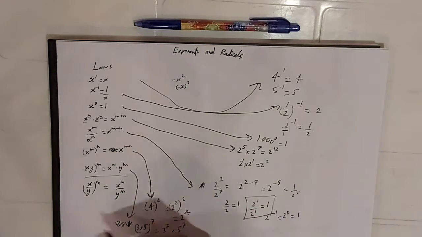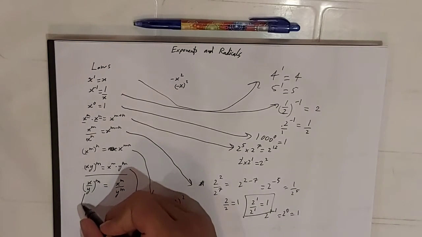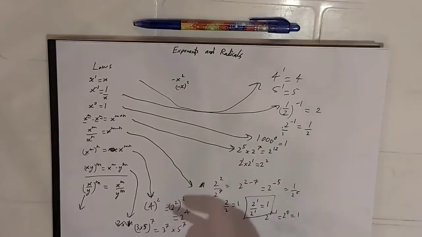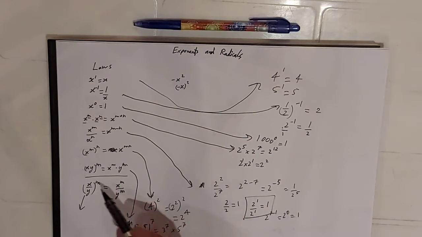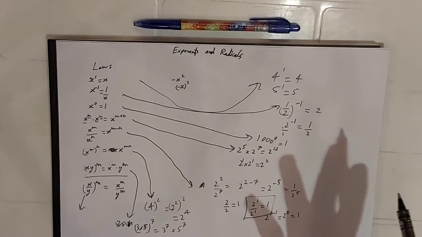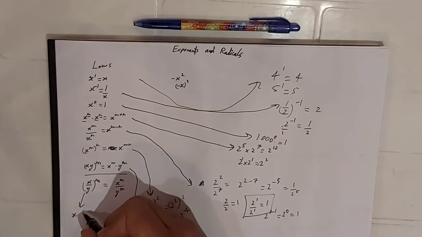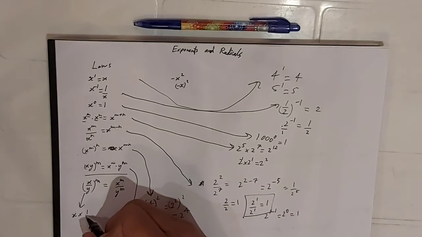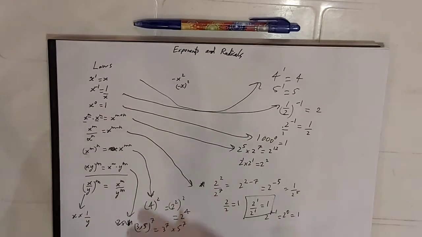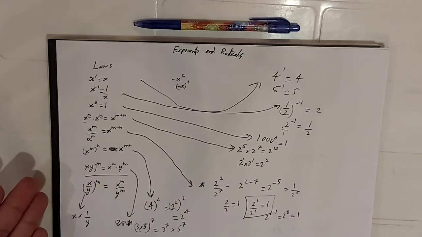The last rule is pretty easy. It's just this rule, because division is just multiplication with the reciprocal. Division is basically x into 1 divided by y, so it's multiplication with the reciprocal of the value.